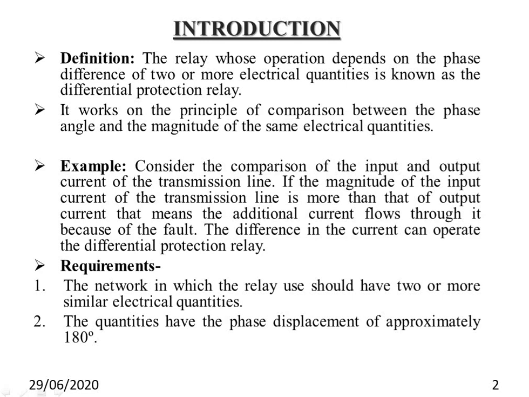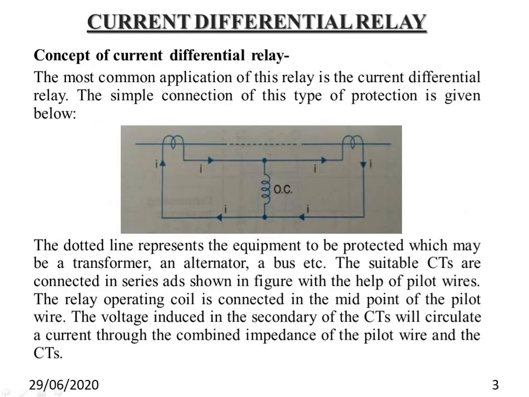Number two, the quantities have a phase displacement of approximately 180 degrees. Why these two parameters are required, I will explain through the current differential protection scheme. Normally, the most common application of the differential protection relay or scheme is the current differential relay or current differential protection scheme.